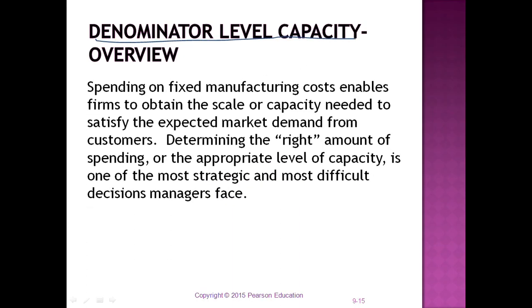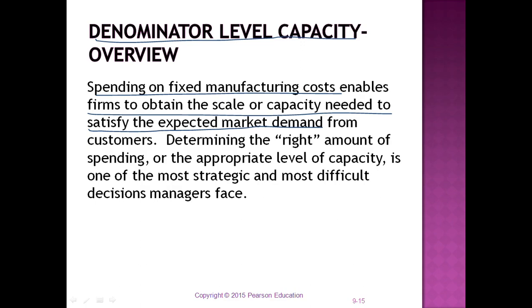Basically, when we prepare our income statement, or when we want to report our performance, we consider a particular level of capacity, or a level of units at which a firm performs. So spending on fixed manufacturing cost enables the firm to obtain the scale or the capacity that is needed to satisfy the expected market demand.